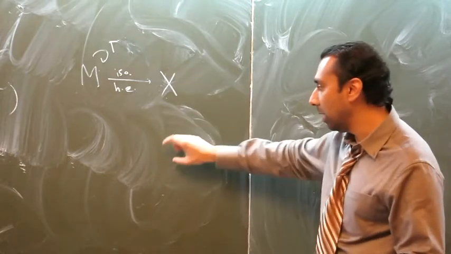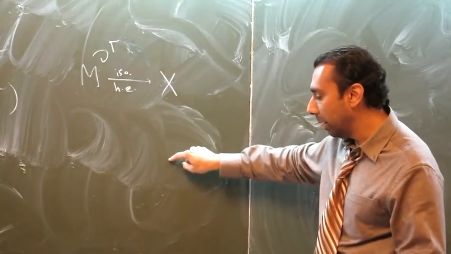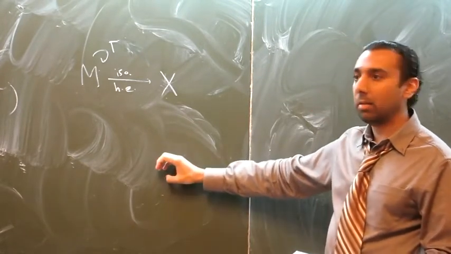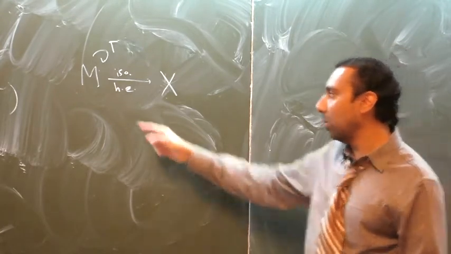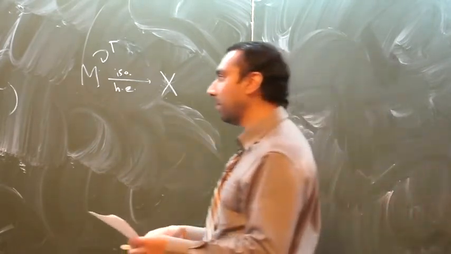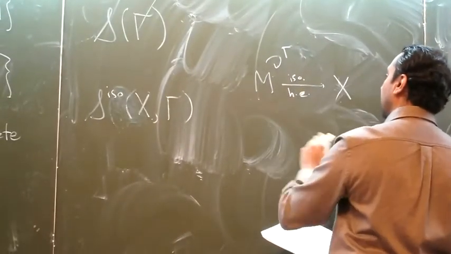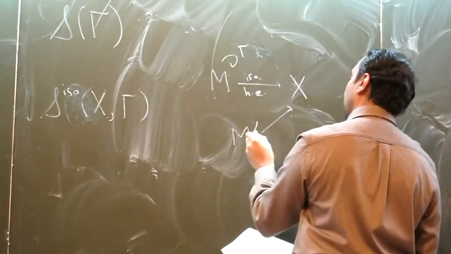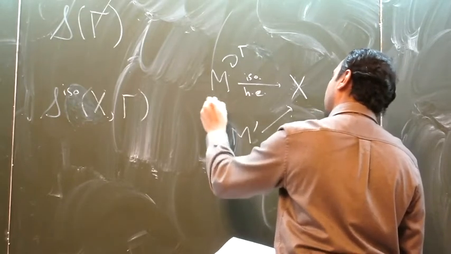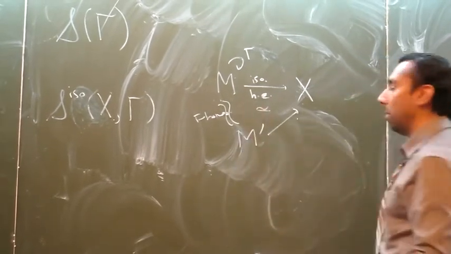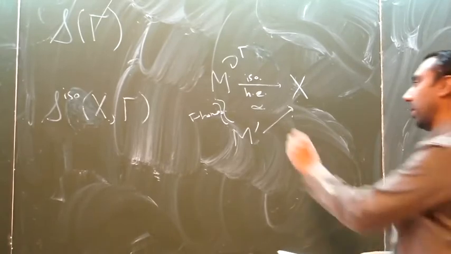So in the quotient, you could have a singular point, and the link would be a real projective space. But over here, when you take the quotient, you can have a fake projective space. There are some strange things that can happen, but these are studied in surgery theory. So this set consists of all of these things up to the equivalence relation where you have M prime, another one of these, and then a gamma homeomorphism such that this gamma homotopy commutes.